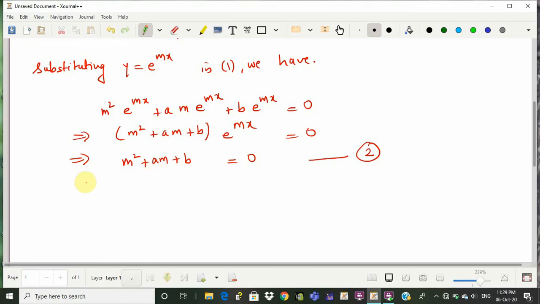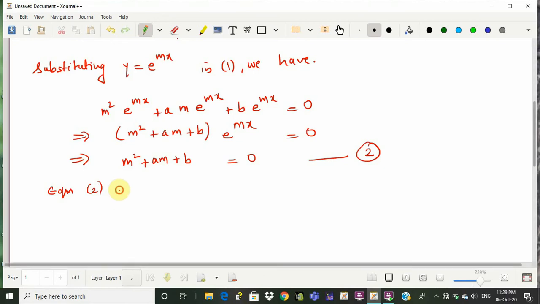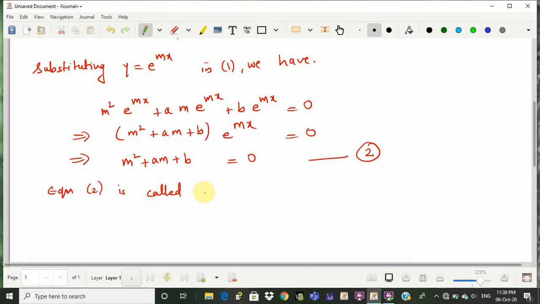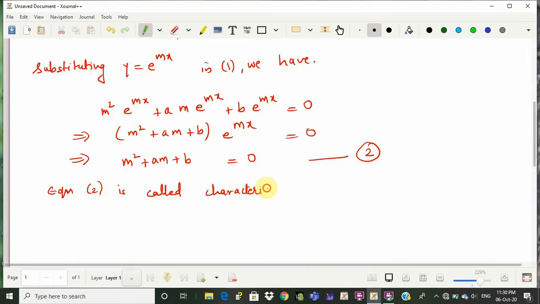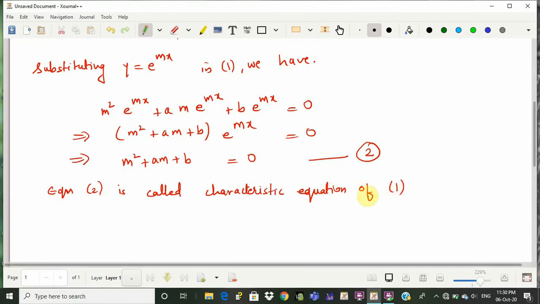So equation 2 is called the characteristic equation of the given differential equation, or it is also called the auxiliary equation of the given equation 1.